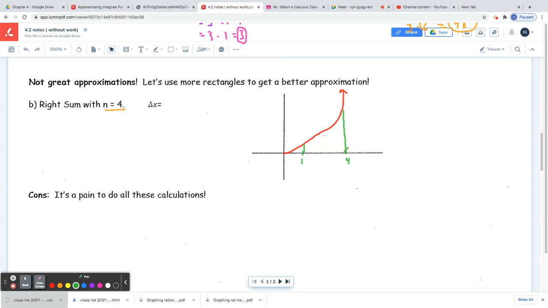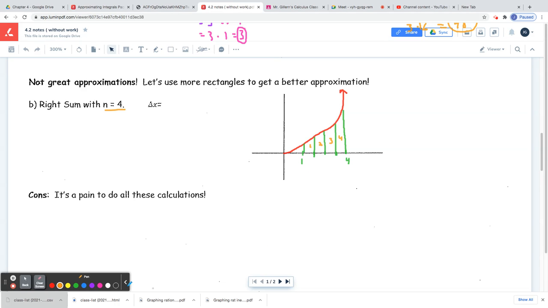But what we are going to do is split up this region into 4 rectangles. So now we're breaking it up this way, and you can see I have 1, 2, 3, 4 little regions that we're going to deal with, and we're going to turn these into rectangles.